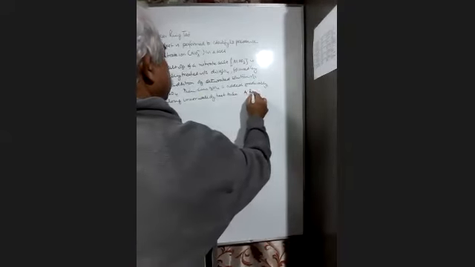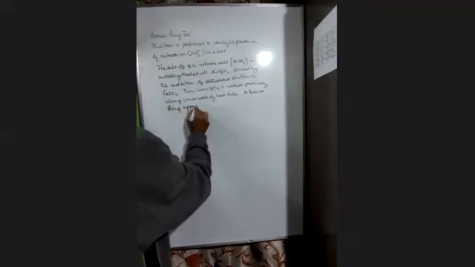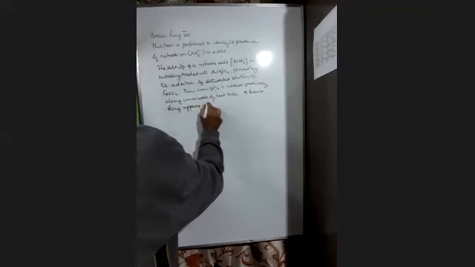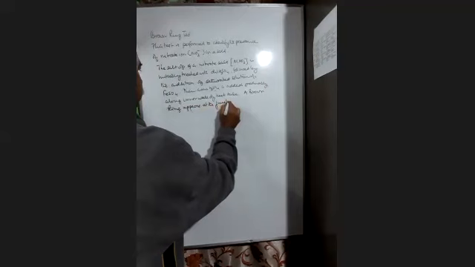A brown ring appears at the junction. Your teacher will show you how to do it in the laboratory.